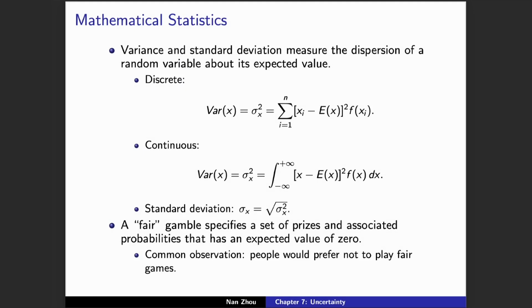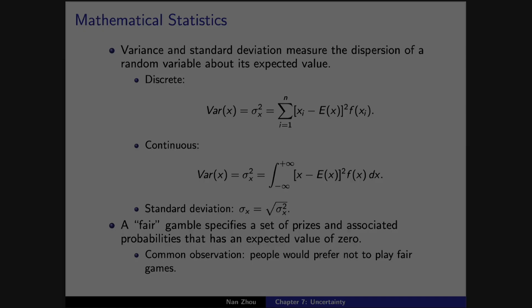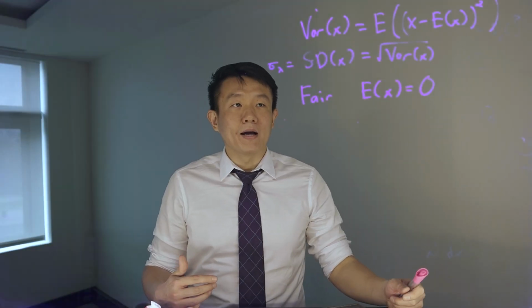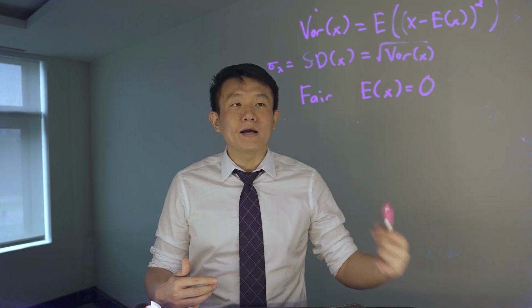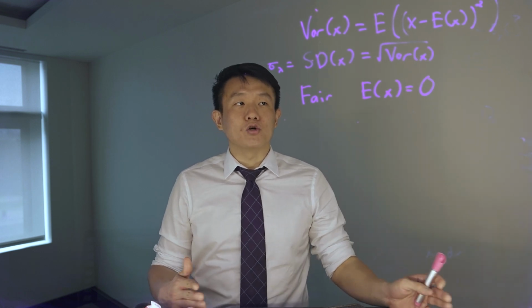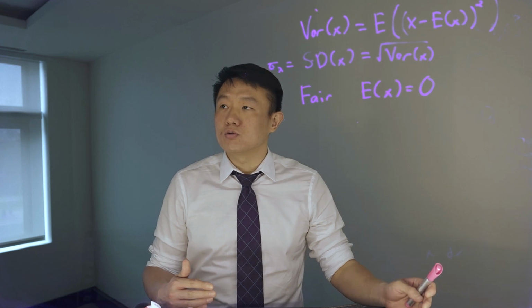We can say that a gamble is fair if the expected value is equal to 0. So this would represent some bet where if you kept playing, then on average, you wouldn't win or lose. It would be neutral on average.